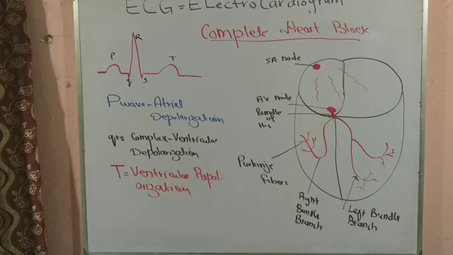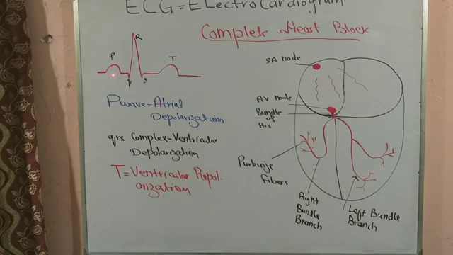Because normally, when the SA node is the pacemaker and generates the normal sinus rhythm, remember from our previous video that a normal sinus rhythm is when the P is always followed by the QRS complexes, because this is the same impulse generated by the SA node, going all the way down the conduction system and depolarizing the ventricular muscles, which generates the QRS complex.